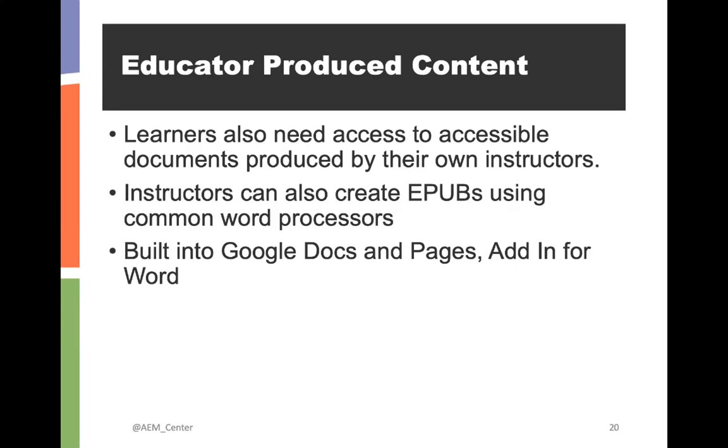So we now have an alpha version of a tool. It's gone out to people in the first wave. We're getting some great feedback, and the intention here is to create an easy tool that makes it as easy for a professor to create an accessible and valid EPUB as it is for them to print something out or make a PDF.